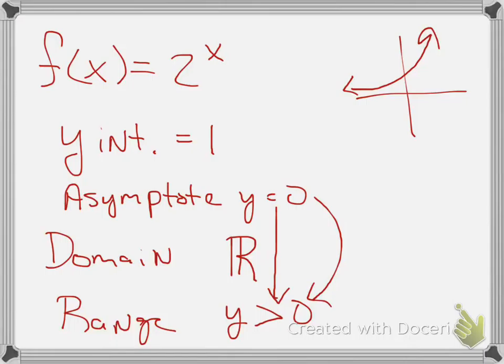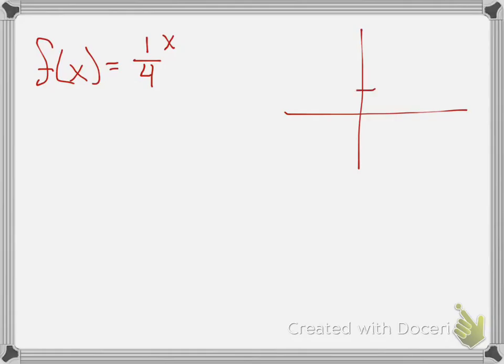So if I wanted to do, like, say, a rough graph, and say I had something like y is less than, that was off. Let's try that again. f of x is equal to 1/4 raised to the x power. Then I would know that's still crossing at 1.